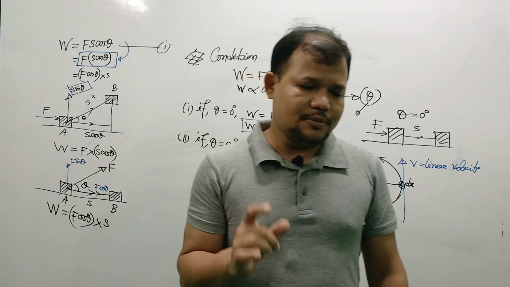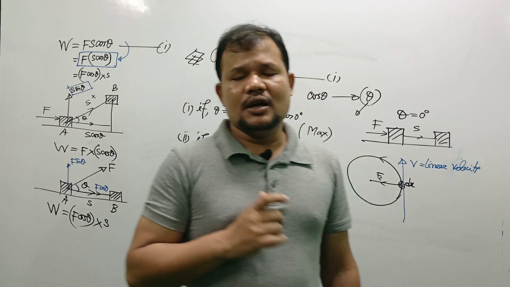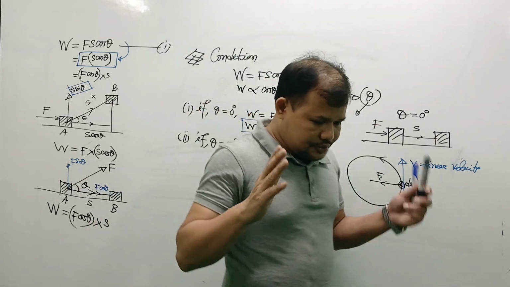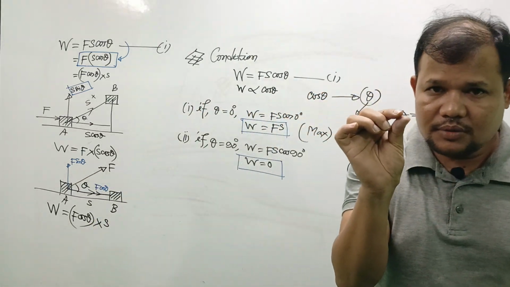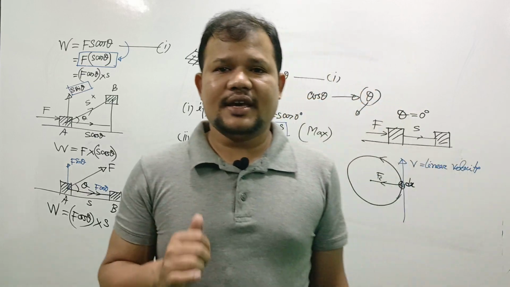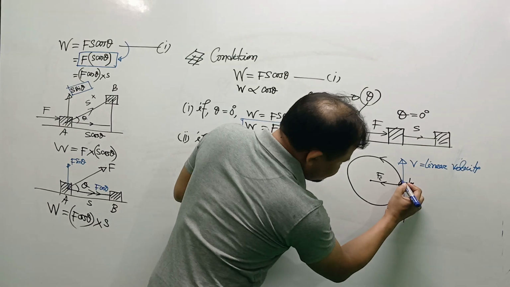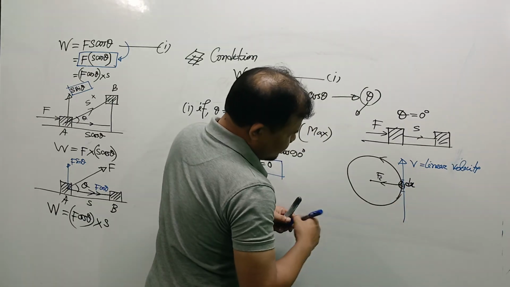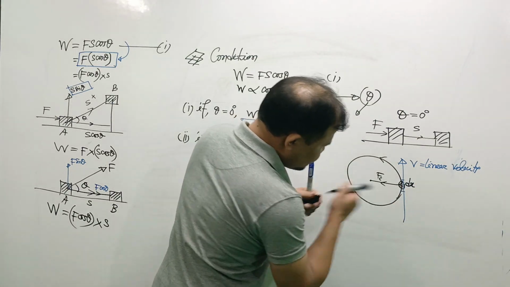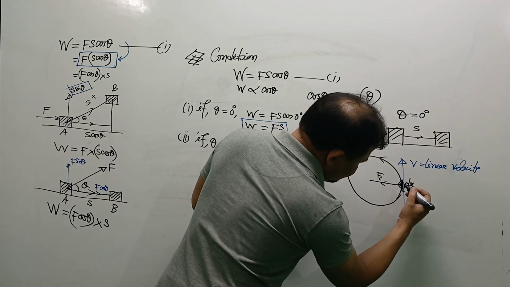We write that this displacement is very small. Why? Because if we take a very small part of a circle, this small part looks like a straight line.